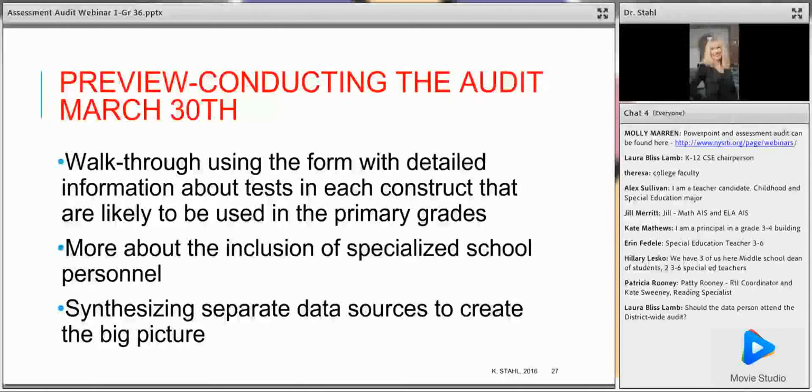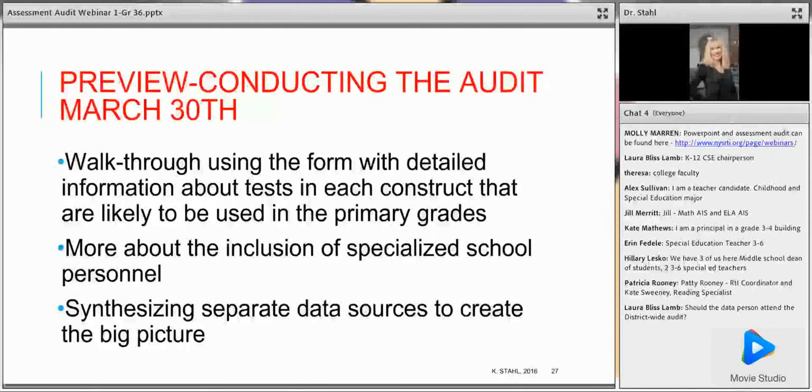And we'll also talk more about the ways those specialized school personnel can be included, either at the grade level or in terms of the specialized diagnostic tests that they give and know about, that not everybody knows about and not everybody has to know about or know how to do.